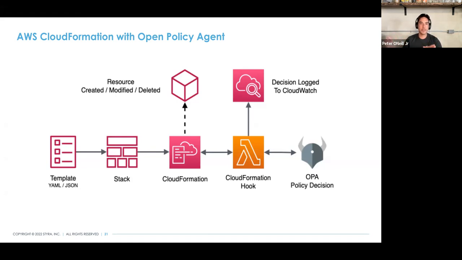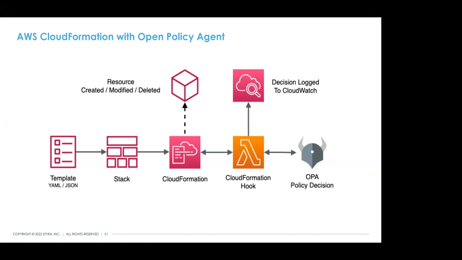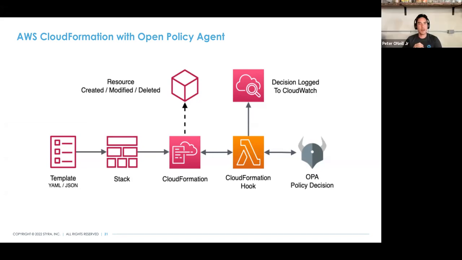And then as CloudFormation is starting to create those resources, it will reach out and spin up a Lambda function. That Lambda function will reach out to OPA and provide the resource configuration to OPA, and then OPA will compare that to any policies that it's been loaded with.